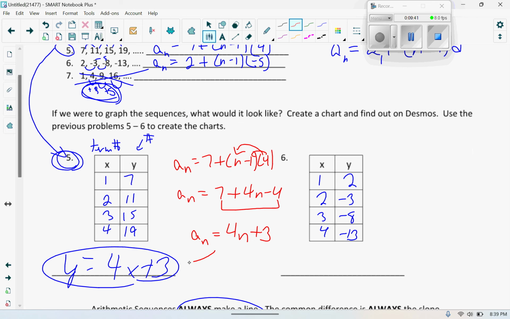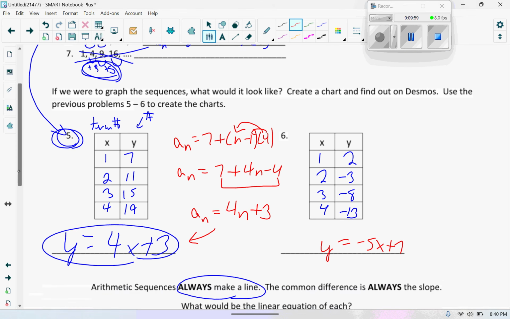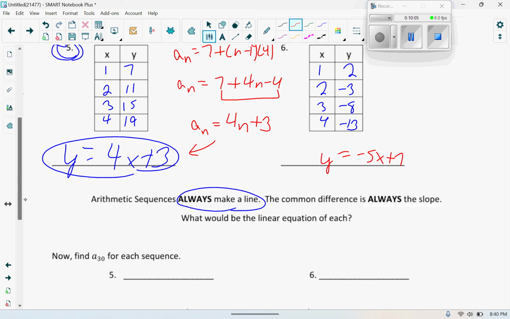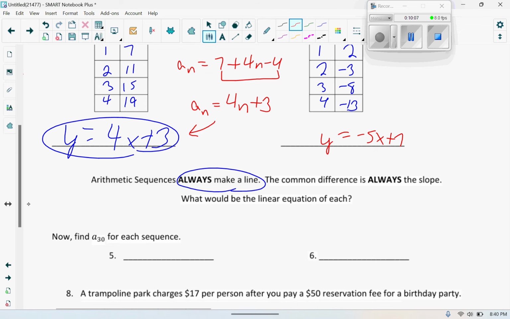So if you'll notice, that's the same as my linear equation. It's just that arithmetic sequences have a different look to them. Go ahead and try number 6 and put in the equation for that line. So I end up having y equals negative 5x plus 7 for that arithmetic sequence. That's the linear version of that.